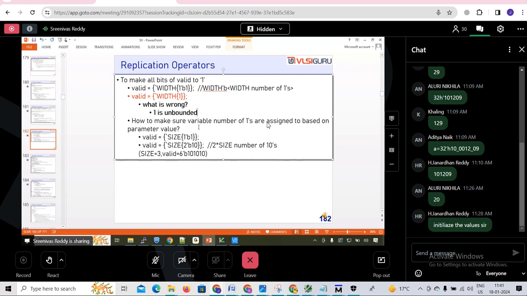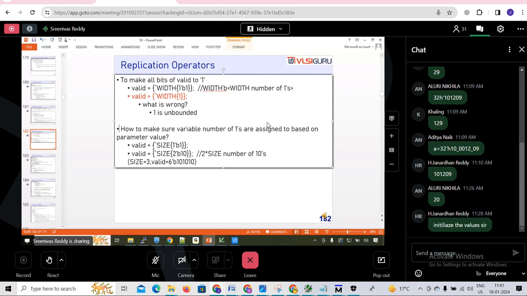How to make sure a variable number of ones are assigned as a parameter value? Right. Valid equal to tick size 1 tick b1. If you want 10 to be replicated, you write 2 tick b10. 2 tick b10 gets replicated. You understood the point, right?